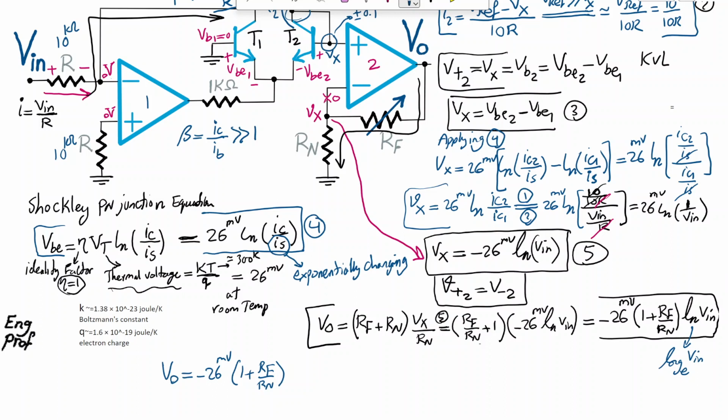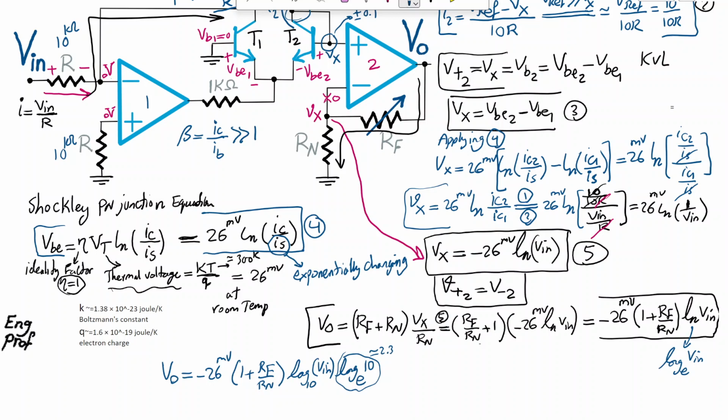Instead of writing log base e, I can write log base 10 of Vn, and then multiply that by log base e of 10, or ln10, and ln10 is roughly 2.3. So this one is roughly a fixed value, 2.3.